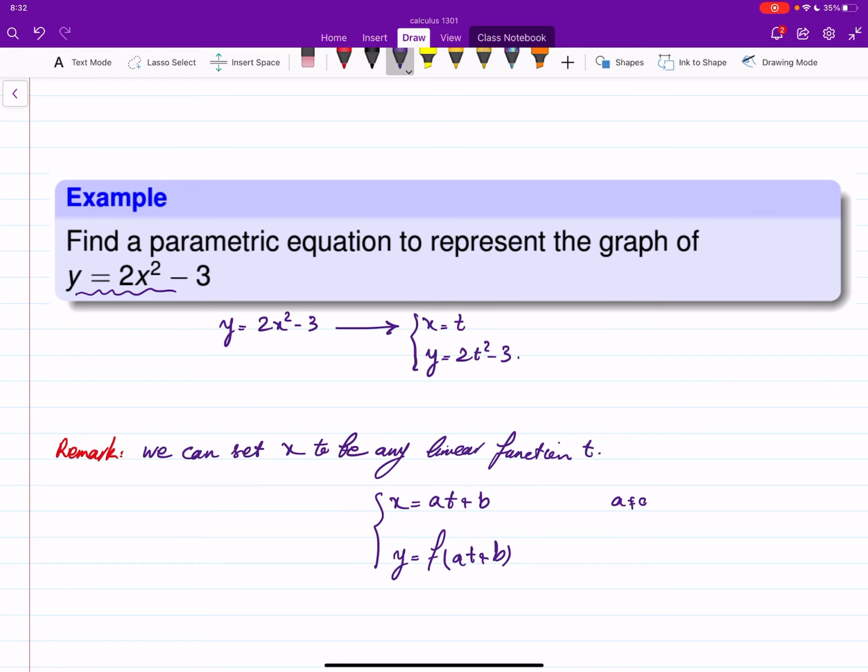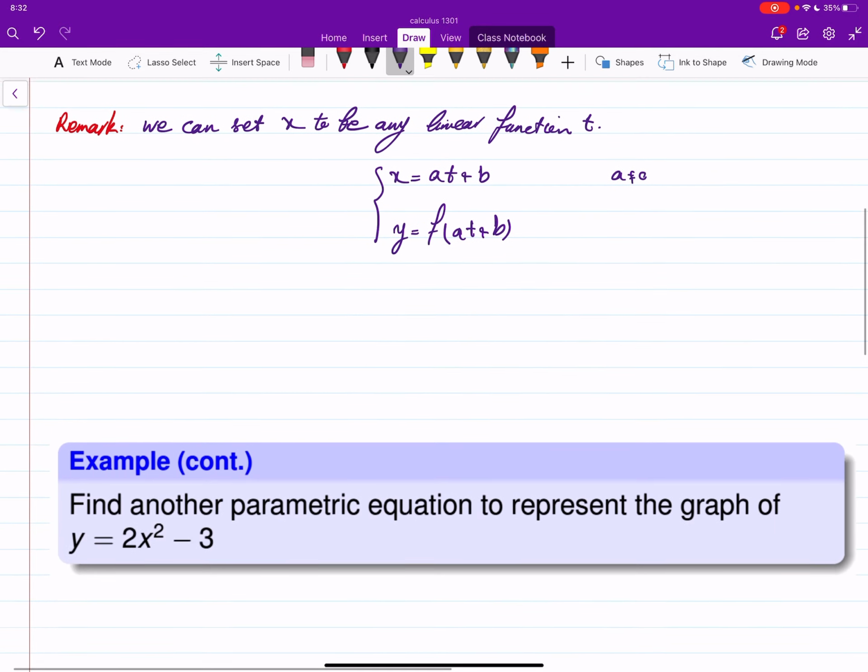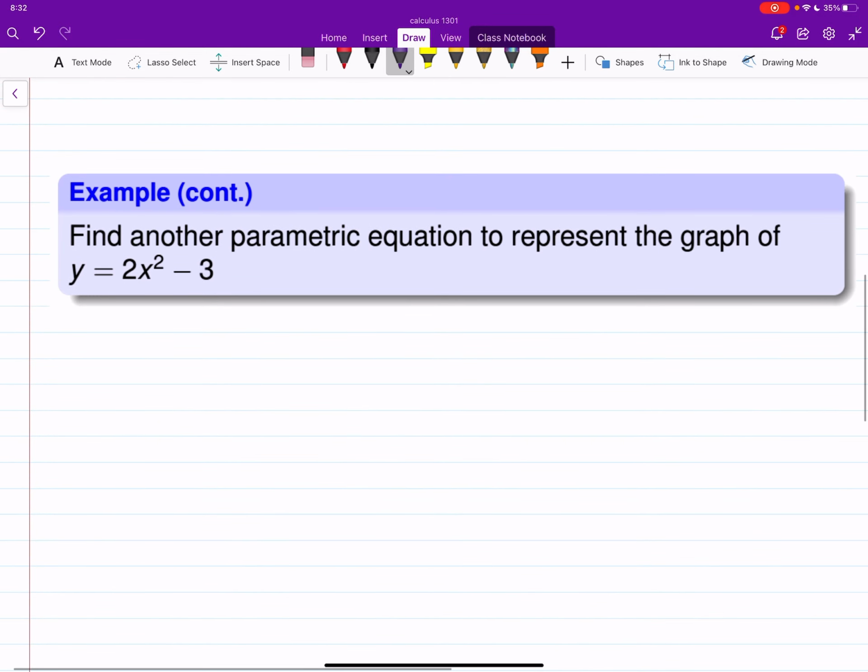For example, for the same equation here, I can write x equal to 3t minus 4, and then y is going to be 2 times (3t minus 4) squared minus 3. You can expand it and write it in terms of t, but this is basically the equation.